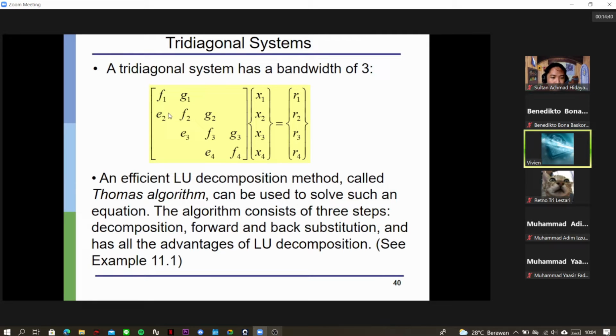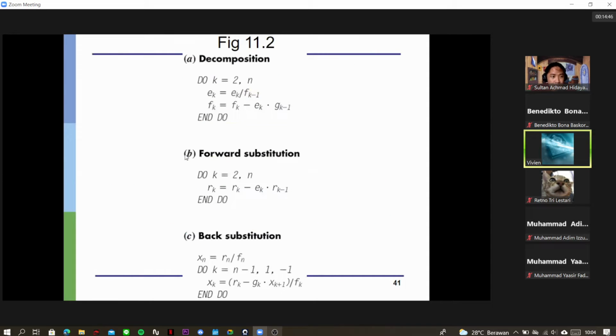But because the matrix is sparse and only fills 3 diagonals like this one, we can write down the Thomas algorithm as this.